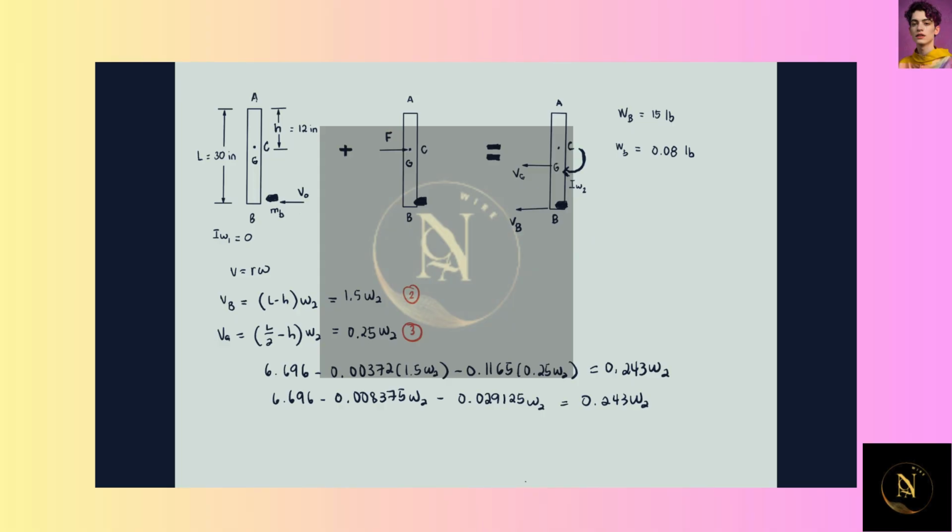So, further simplifying, this will become 0.280 omega sub 2 equals 6.696. Then finally, omega equals 6.696 divided by 0.280. So this is equal to 24 radians per second.